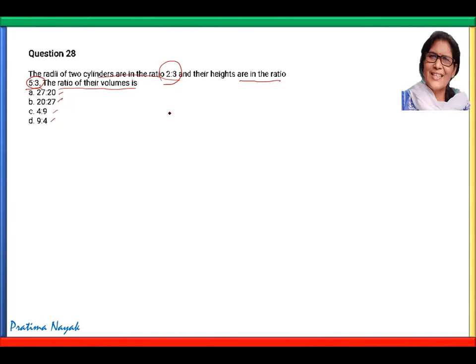So first radius is your 2x, second radius is 3x. These are the radius or radii. Then heights, what I'll write? X? No, 5y and 3y. Now volume 1 by volume 2. Directly I'm writing now.